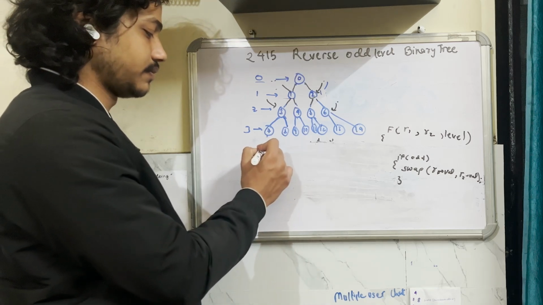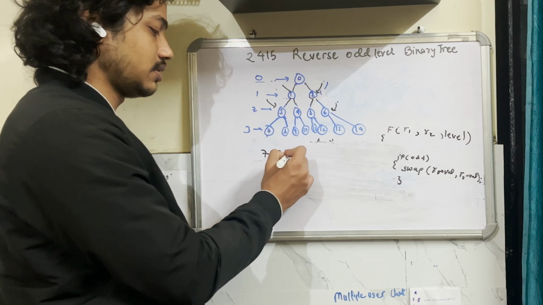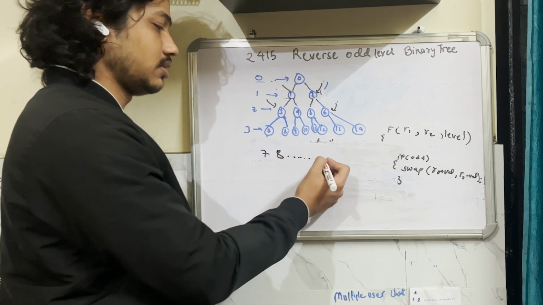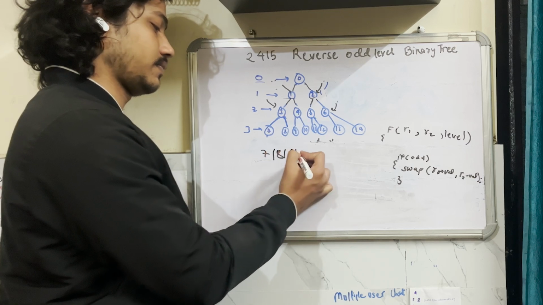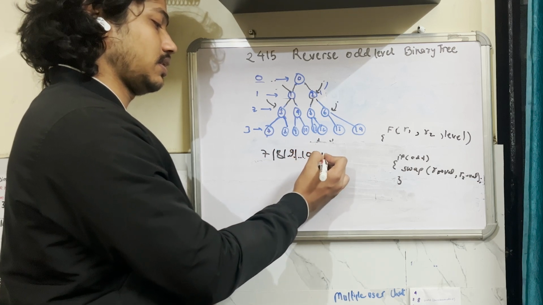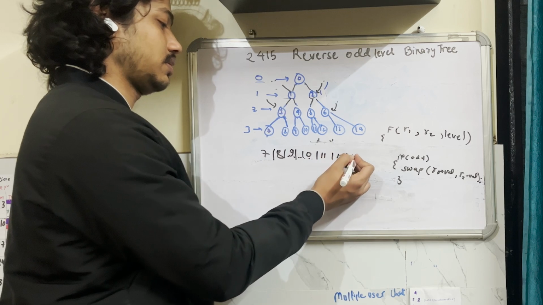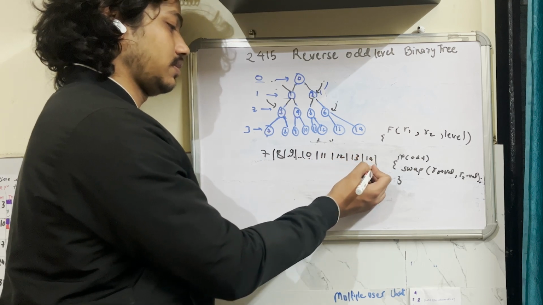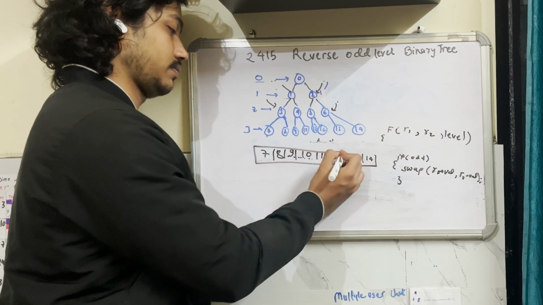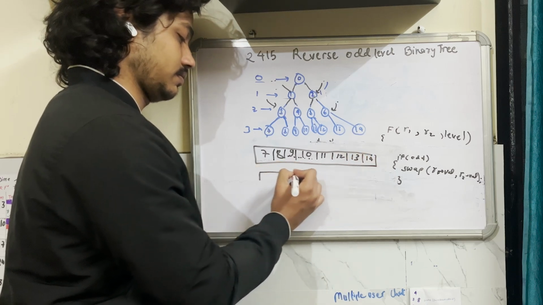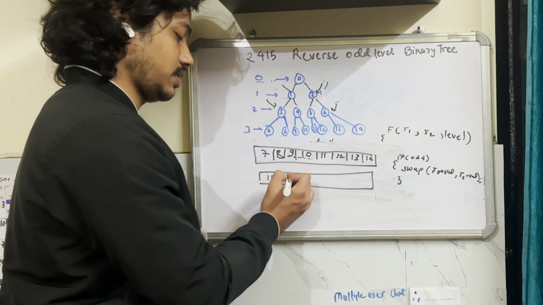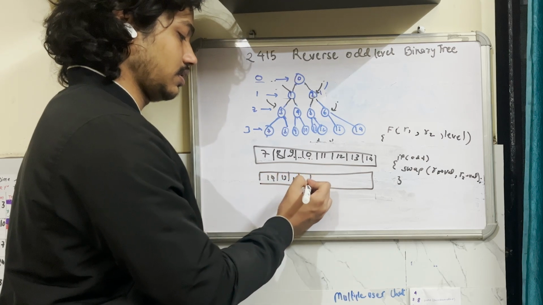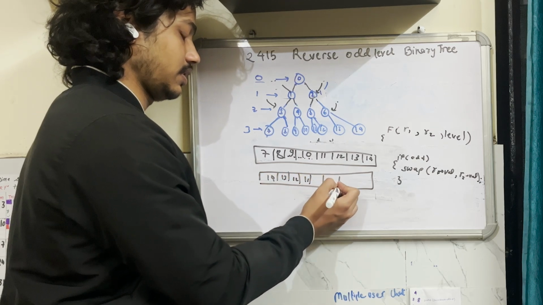Let me just draw this array. 9, 12, 13, 14, 13, 12, 11, 10.